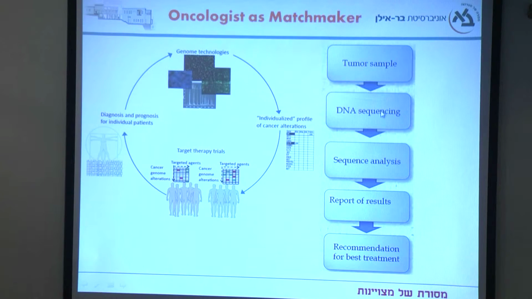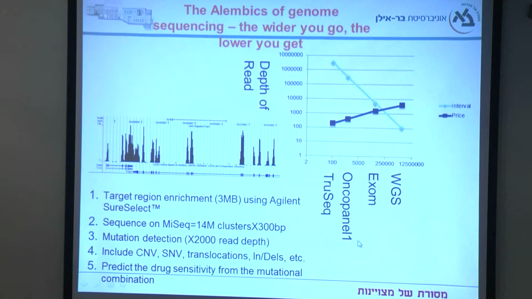Basically, you take a tumor sample, you do the sequencing. The sequence analysis means that you take those 200 to 500 pieces, find where they belong in the genome, and find what's different about them from the normal tissue of that same person. And this needs to ultimately converge to a recommendation.